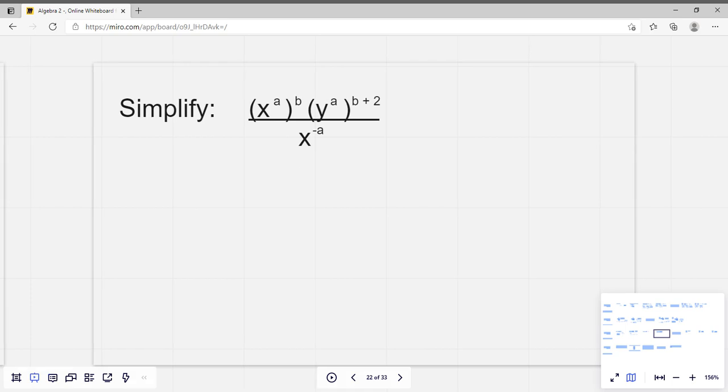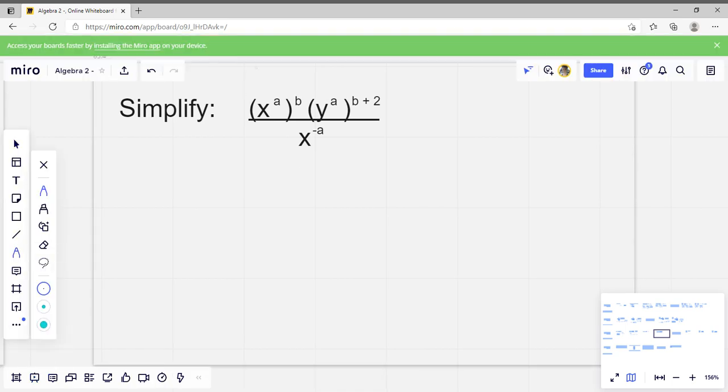Alright, this one, we're going to distribute these first. So a times b, so we'd have x, ab. And then we'd be multiplying there. Let me get rid of those. We don't need those anymore. We'd have ab and then plus 2a.